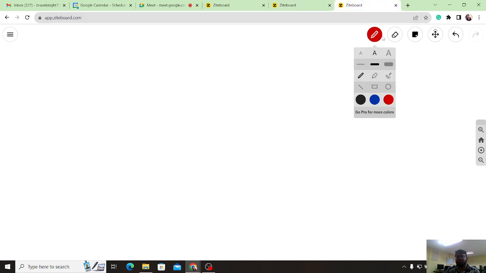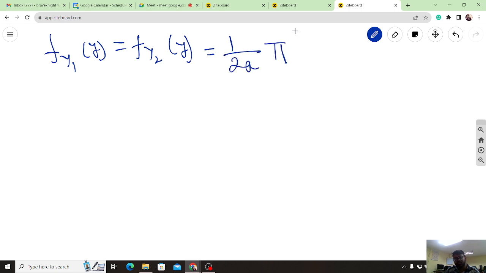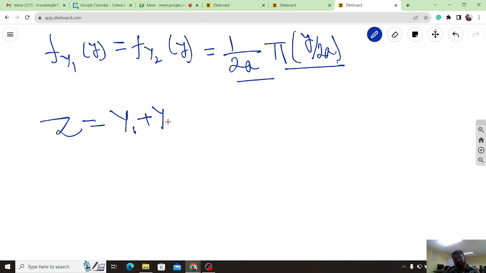So let's write the answer in this way. Another representation of this uniform distribution is, and also for f of y2, the amplitude 1 by 2a, the rectangular pulse, y by 2a. So now the probability density function of z is y1 plus y2.